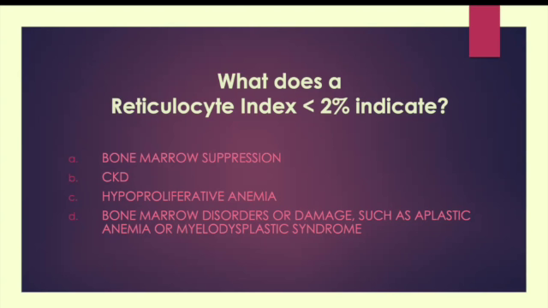So when we have one that's less than 2%, it's generally associated with hypoproliferative anemias. These are the conditions where the bone marrow fails to produce an adequate number of red blood cells.